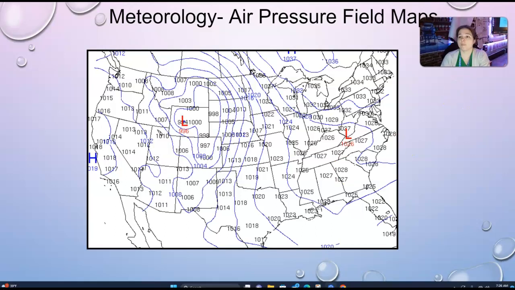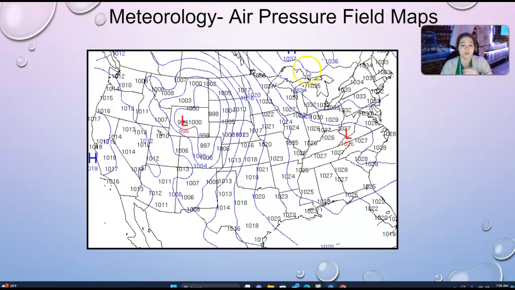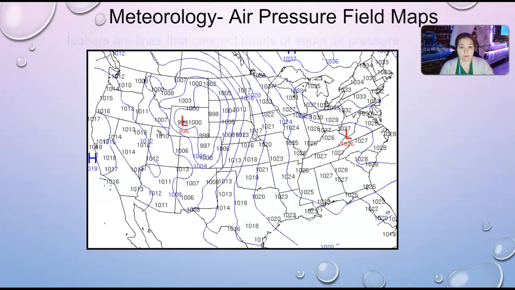All right. With pressure, we're going to have a pressure field map. So we've seen the temperature maps, we've seen the contour maps. Now we're going to start seeing pressure maps. How do we know it's a pressure map? If you see 9.9 or 10.0 or 10.3 or something like that, we definitely know that's going to be a pressure field map.